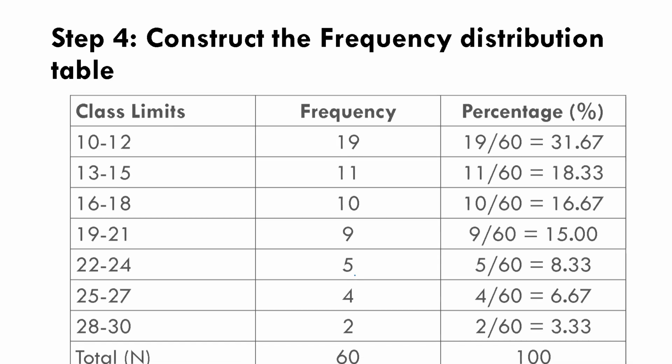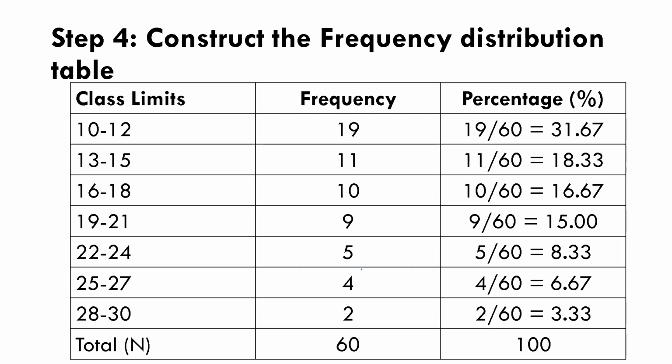Next one is to get their percentage. In this case, we'll just do the simple division of the given frequency by the total number of data points, or the total frequency. We have 60 as the total, meaning we'll divide each value by the total. We'll just take the quotient.